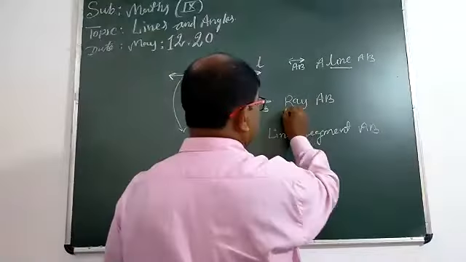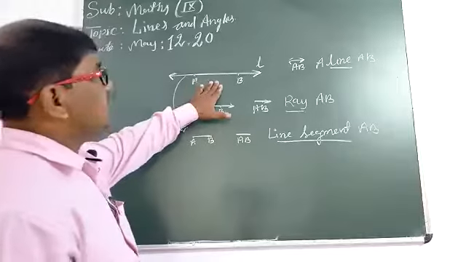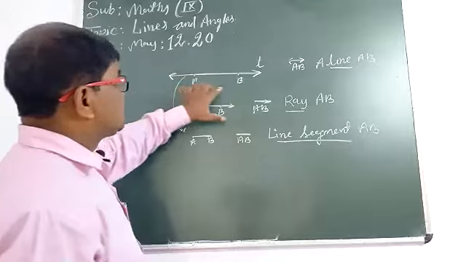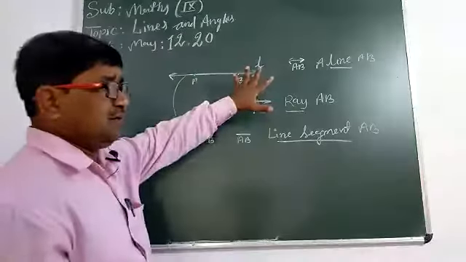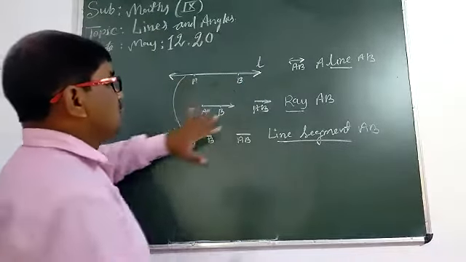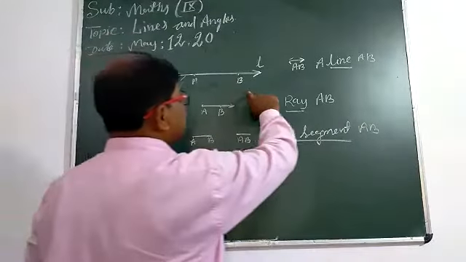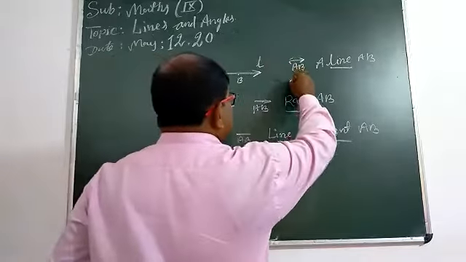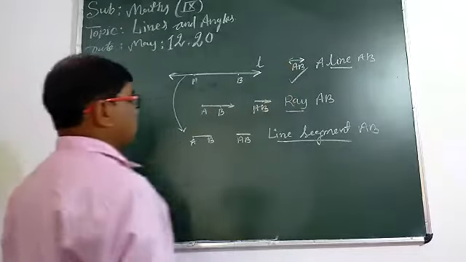A line, after joining two points in the plane, has no end point, because you can produce it in any direction. You can represent it in this way and read it as line AB.